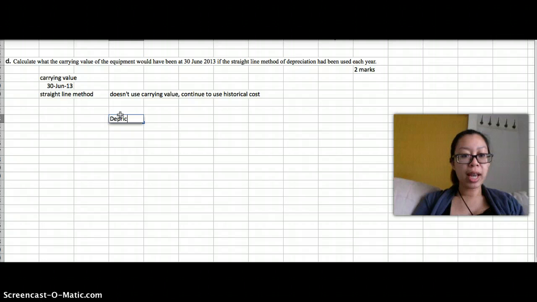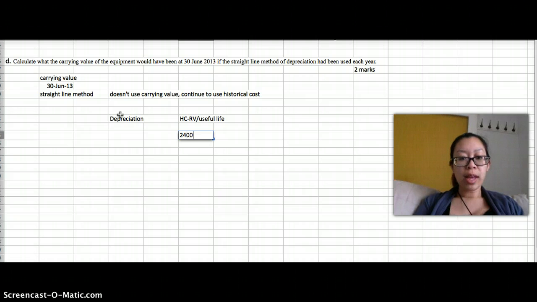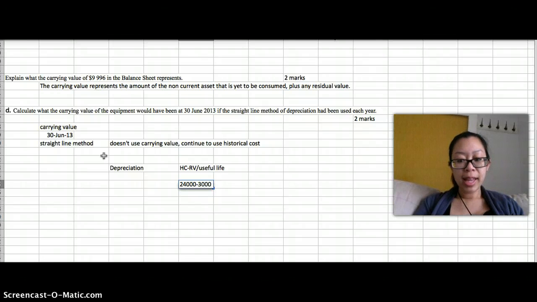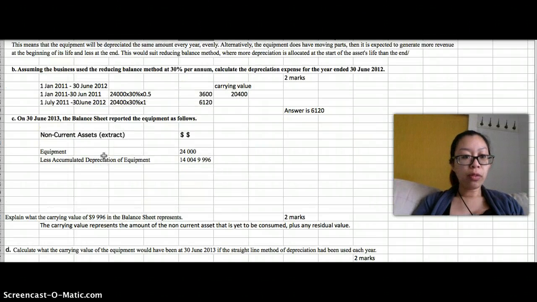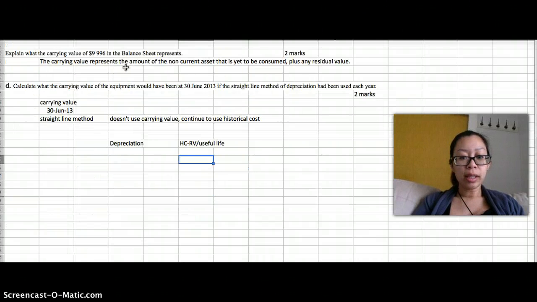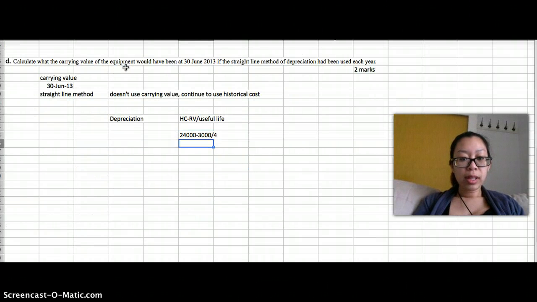So the depreciation formula is historical costs minus residual value over useful life. And we know that they bought it for $24,000. They were going to sell it for $3,000, and they were going to use it for 4 years. 4 years, 3,000 divided by 4.